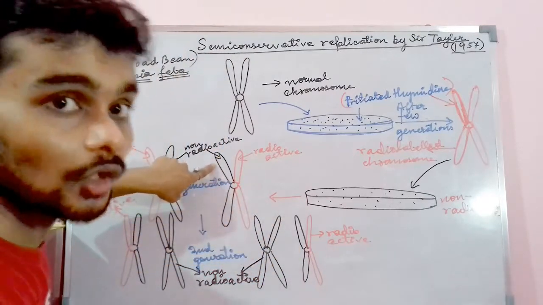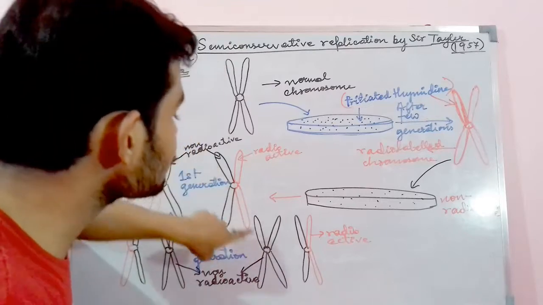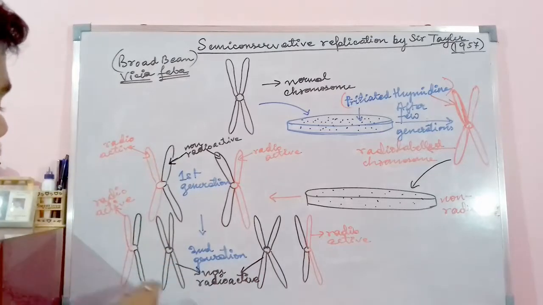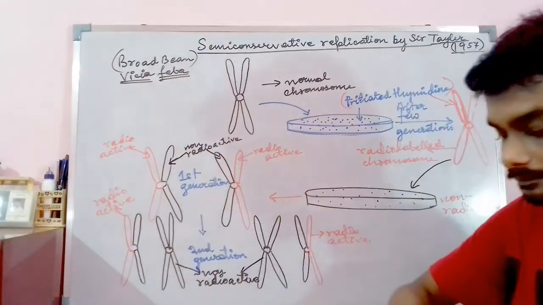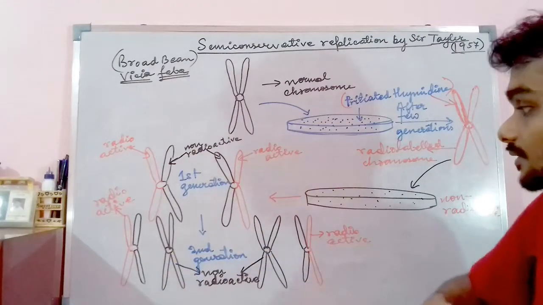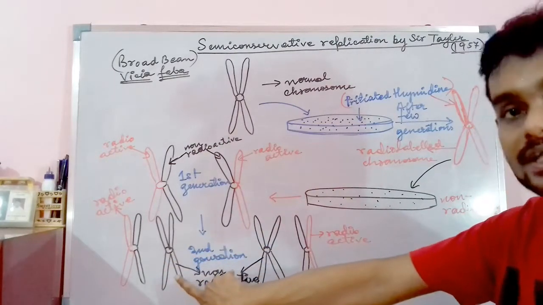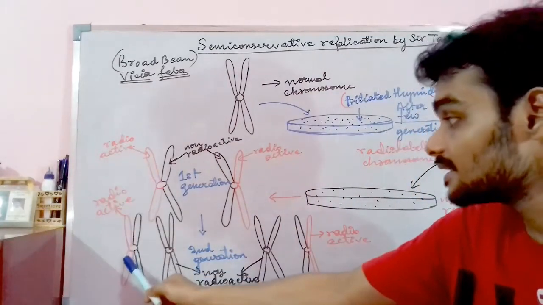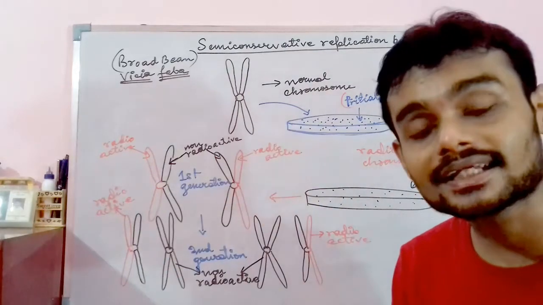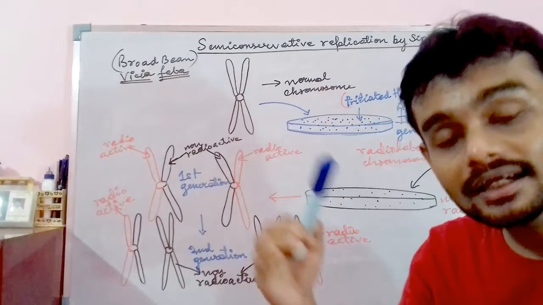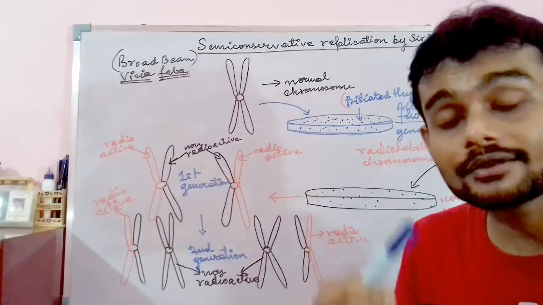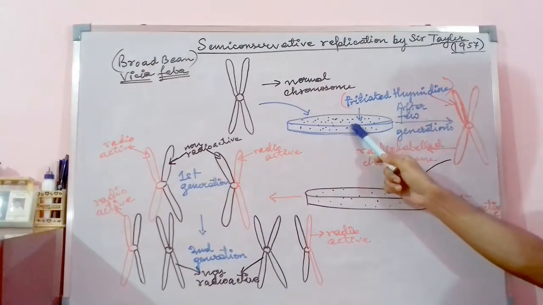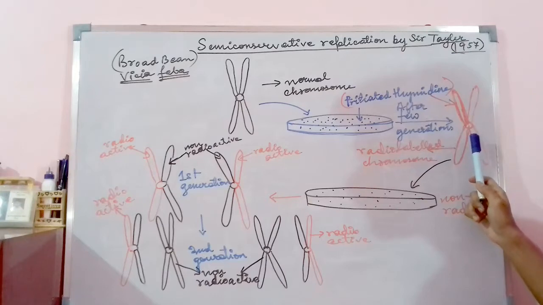And this parent arm, which is non-radioactive, will obviously produce another daughter arm which is radioactive. In this case also the same thing is happening. For this particular chromosome also the same thing is happening. So 50%, that is half, two of the chromosomes here, this one and this one, are showing non-radioactivity, and this chromosome was showing radioactivity, but lesser, the radioactive intensity was reduced to half compared to the intensity that was present in this medium, for this particular chromosome, right?